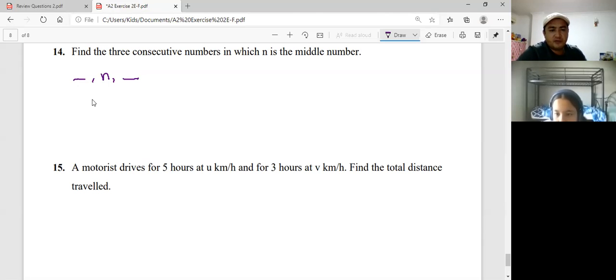So if n is in the middle, the previous number must be n minus 1, and this one is n plus 1, because they didn't say consecutive even numbers or consecutive odd numbers, just consecutive numbers, like 3, 4, 5. So that's it: n minus 1, n, n plus 1.